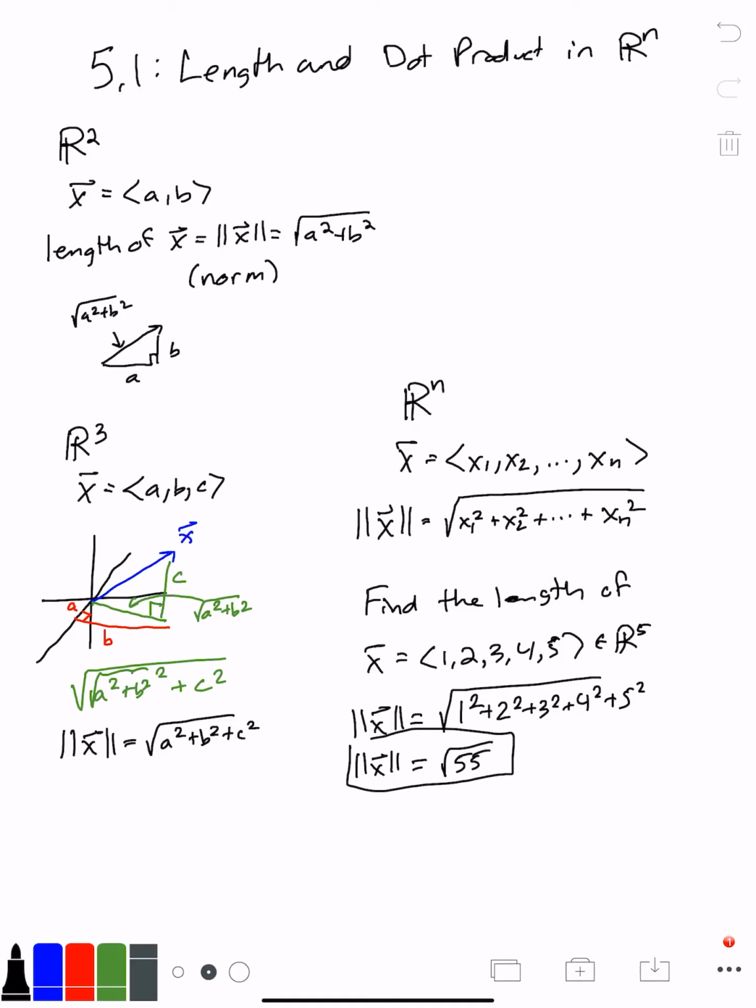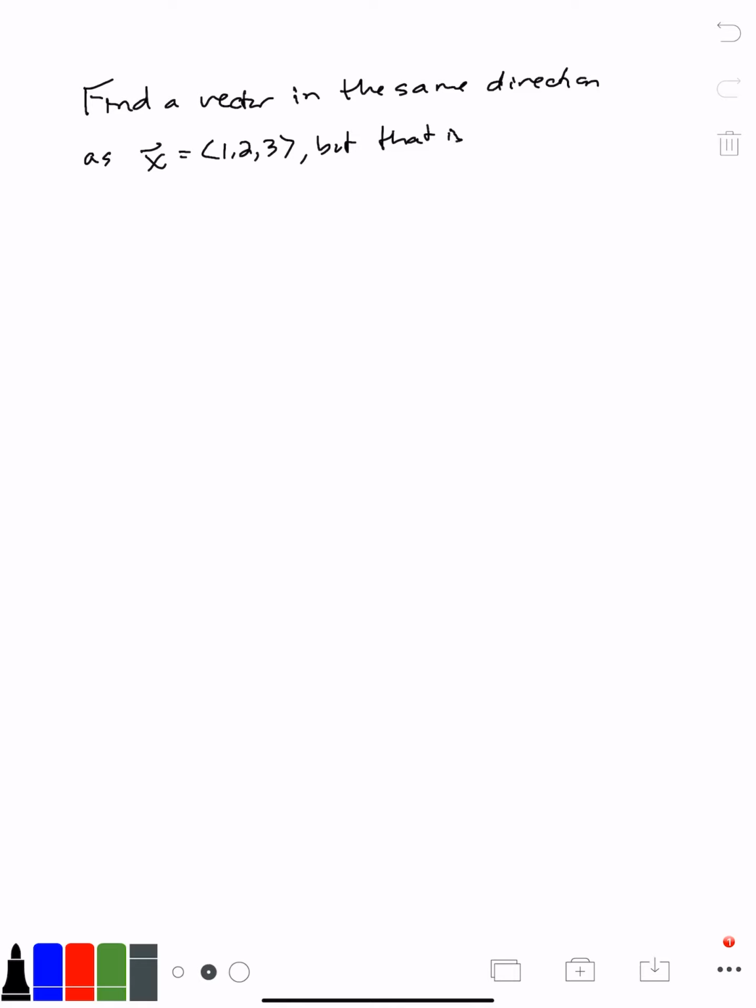Now something we might want to do with this is the following. Find a vector in the same direction as (1, 2, 3), but that is a unit vector. This is a problem that you definitely should have done in Calc 3.